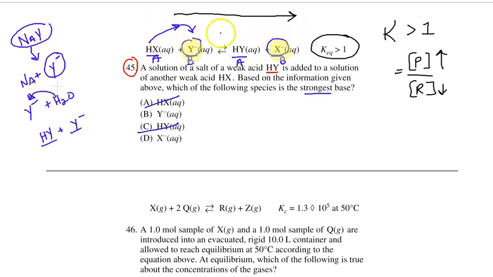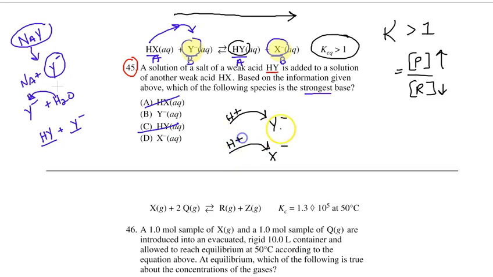And if you say that, why? Exactly, because Y negative likes to reproduce the acid better than X negative reproduces the acid over here. So this Y negative has a better ability to pull protons from either water or HX than X negative has pulling protons from the water or HY.